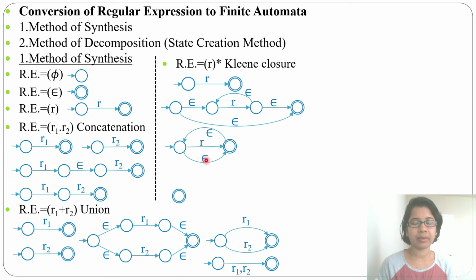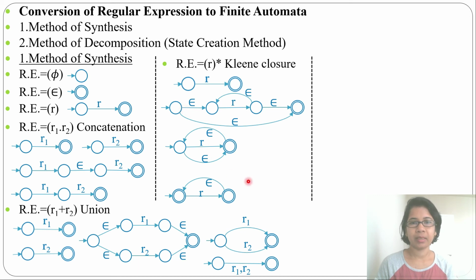Rather than this epsilon transition, you can change the initial state to a final state. If you change the initial state to a final state, it will accept epsilon. And you can add this epsilon for repetition. Here also you can change the initial state to a final state. If you change the initial state to a final state, you will not add this transition. Either you add an epsilon transition to the final state or change the initial state to a final state.